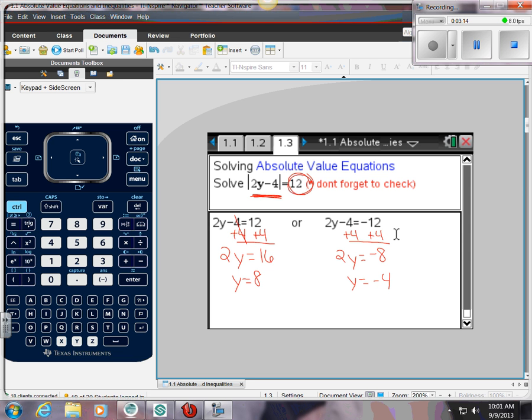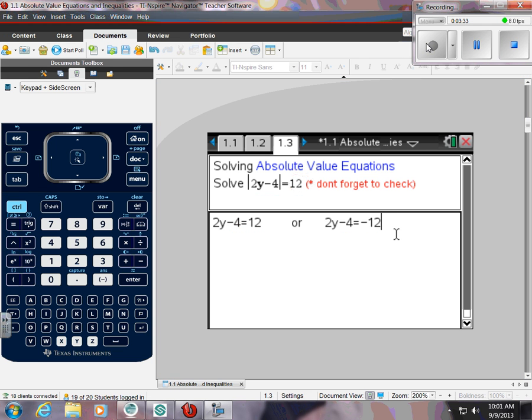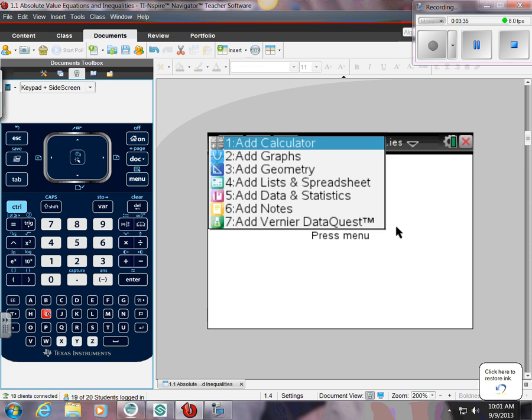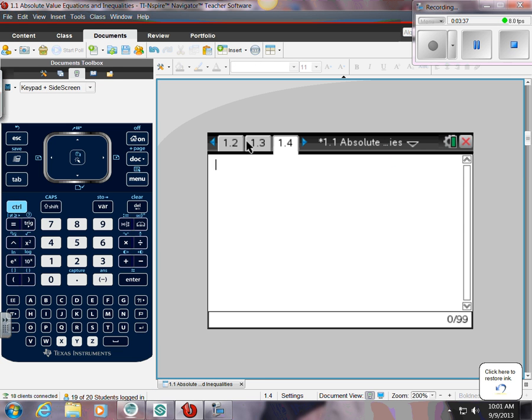So who remembers how to insert a page? Control Doc or Control I, either way. So what I want you to do is insert a calculator page for me, please. Okay, and what we're going to do is check these.